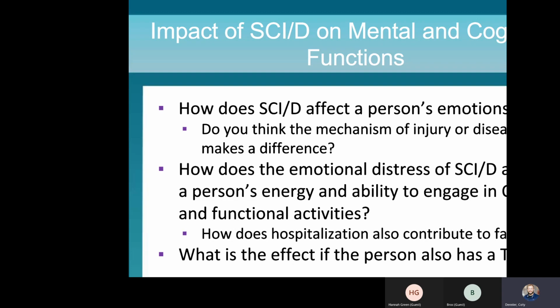Oftentimes it's a mild brain injury, but you just went over the brain injury chapter. So that's a dual diagnosis, and it's two big diagnoses that you're going to be working with. So you have to gear your education and the things that you do with your patient toward their brain injury. So that's one that you definitely want to say, hey, help me.